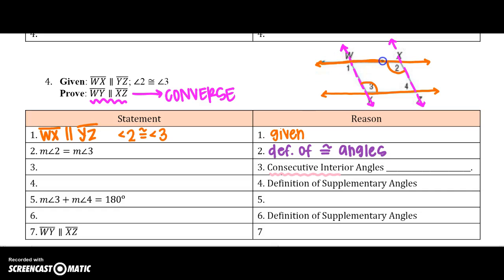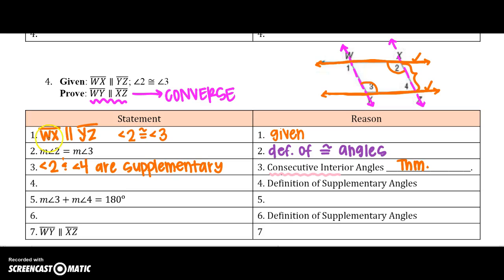Where I see consecutive angles, I see angle 2 and angle 4. They both touch the parallel lines, and they are on the same transversal line. So I'm going to say angle 2 and angle 4 are supplementary because of the consecutive interior angles theorem.